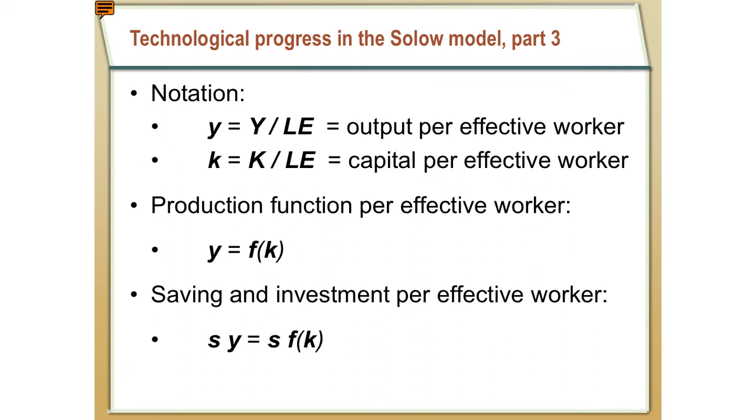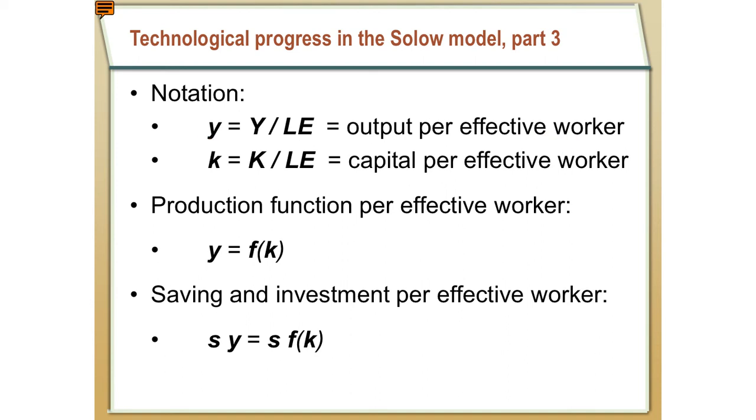This is a part where people tend to get tripped up a little bit in this model. Once we're talking about effective workers, the notation changes a little bit, and what these variables, the little y, little k, etc., represent is a little bit different. In order to put the production function in per worker terms now, we're actually going to divide by L times E instead of just by L. So we're putting all of the variables into per effective worker terms now, not just per worker terms.